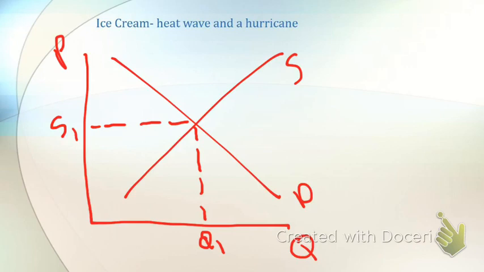So what's the heat wave going to do? Increase demand. Why? Because it's hot. But what variable? Which variable? People like ice cream when it's hot. What is that? Taste, yes. So demand is going to shift because of taste when it's hot.